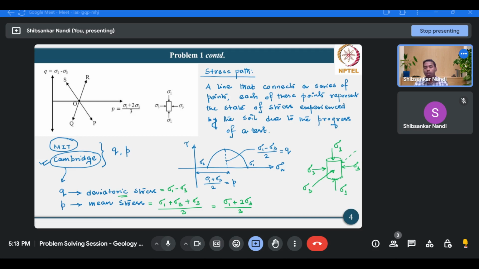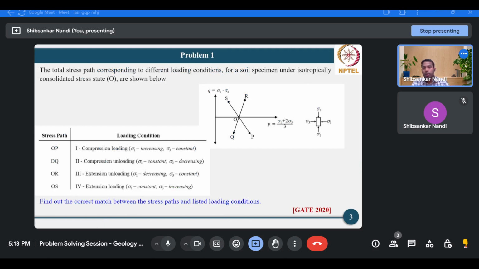We will concentrate on sigma 1 minus sigma 3 as the deviatoric stress for a triaxial kind of state of stress. Now, based on these two stresses Q and P, we'll try to find the stress path for each of the loading conditions listed here, starting from compression loading to extension loading.